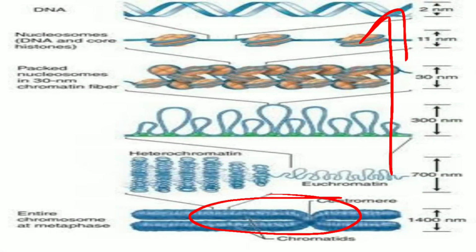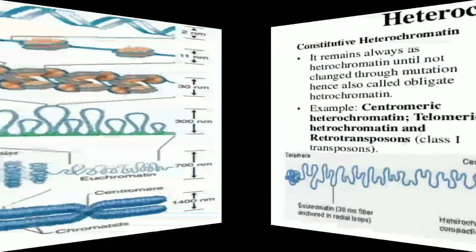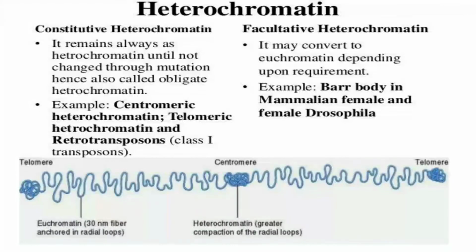So after the study of these various condensation stages of DNA, we come to the point where we can discuss these nucleosomes, how they form the chromatin. Now, first let us talk about the nuclear chromatin, which is also called the nuclear reticulum.